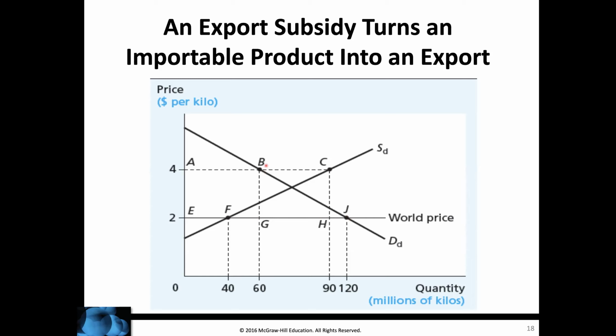So who wins in this case? The exporting industries do. However, our home consumers absolutely lose out, and the government has to pay this subsidy. So it definitely appears to harm the nation overall.